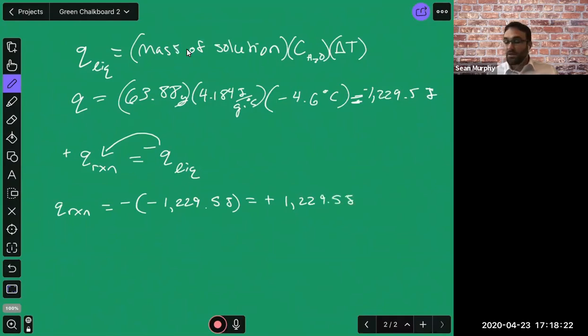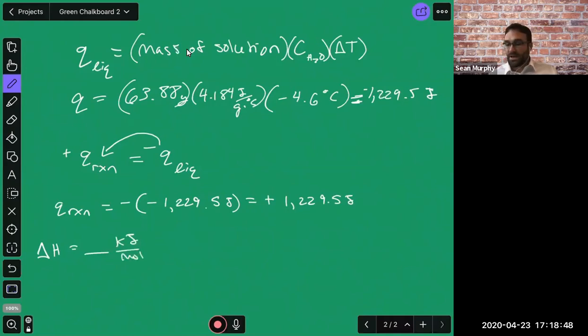All right, so we had to flip-flop some signs just to represent that now we're discussing the reaction. The reaction is endothermic. It's pulling heat away from the water. And remember that we're almost there because our delta H wants it in kilojoules per mole.